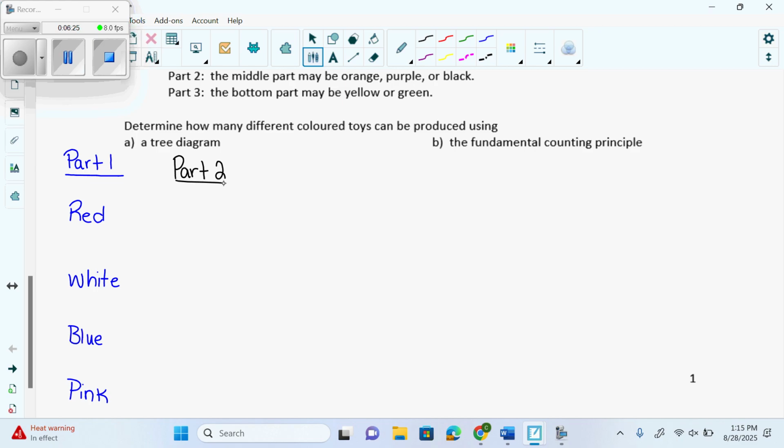Part 2, the middle part, has orange, purple, or black. Okay? So, off of the red, I'm going to have orange. And I need to have spaces because these are going to have more off it. Purple, black. And then off the white, I'm going to have orange, purple, or black.